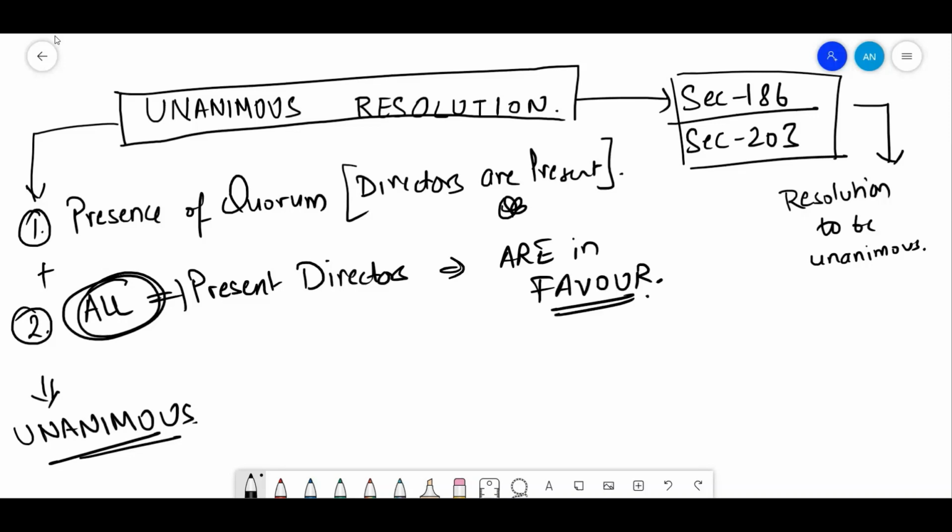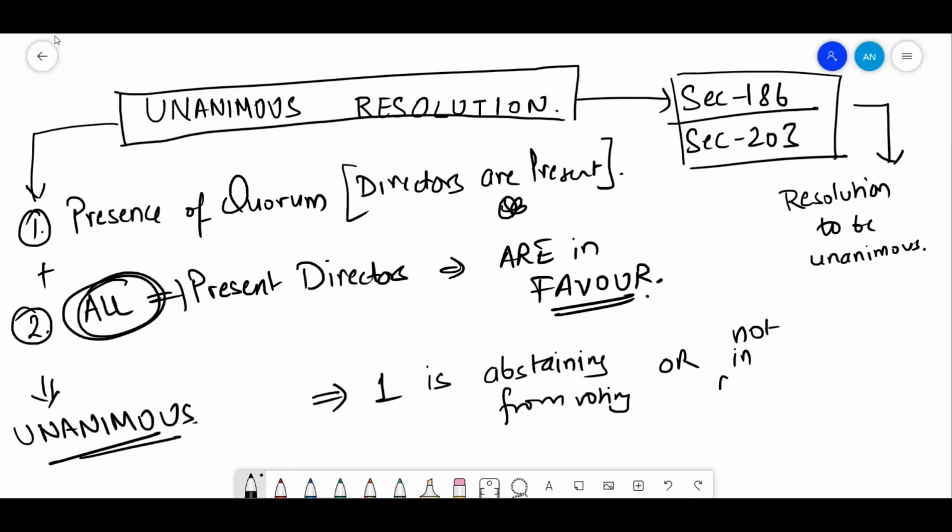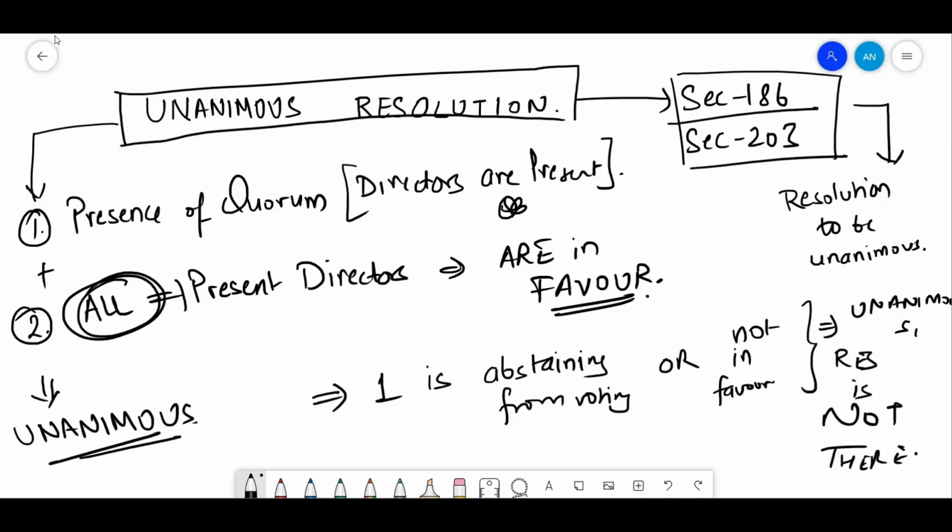That means that even if one director is abstaining from voting, or even if one director is not in favor, then unanimous resolution is not there. All right, so only and only quorum should be there, and all the directors that are present should be in favor of the resolution that is being passed.